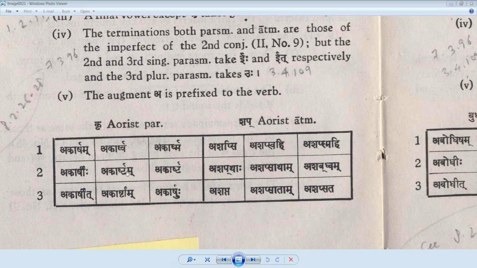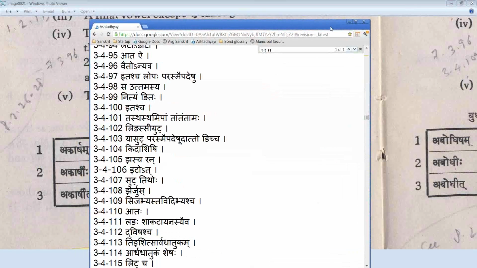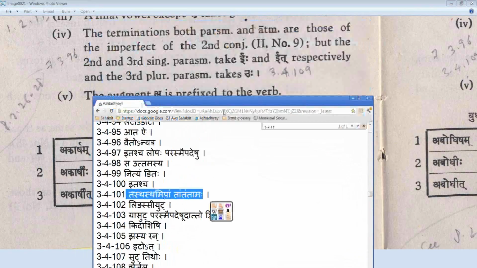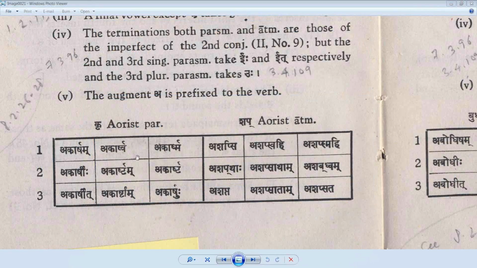The same thing, akarshta, all the same steps. And now akarsham, again in place of mip we get the am adesha with the same sutram 3.4.101, because, don't forget that this lakara is a kavarga panchama is an it. In place of mip we get the am adesha, akarsham, akarshva, akarshma, nothing special.